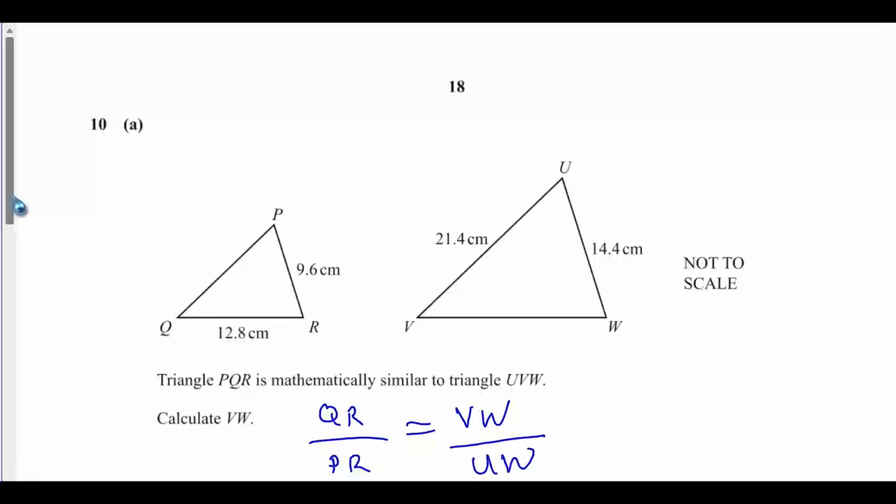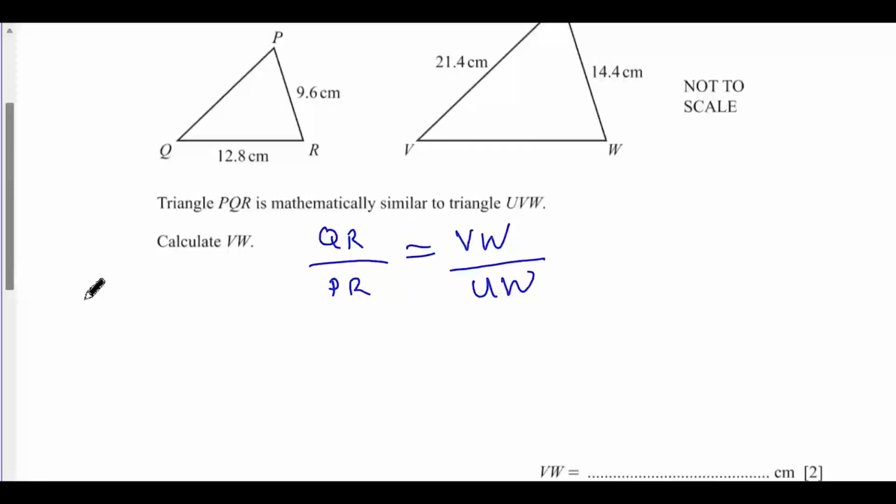Let's key in the values. QR is 12.8 over PR is 9.6 equals VW, which is what you want to get, over UW, which is 14.4.